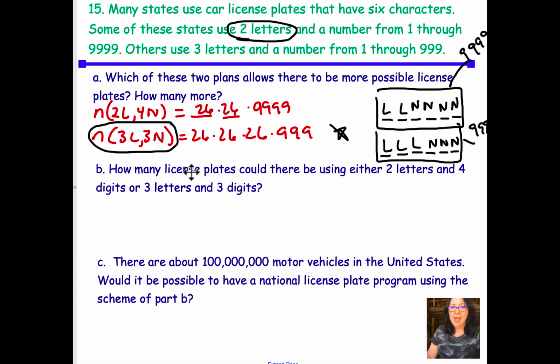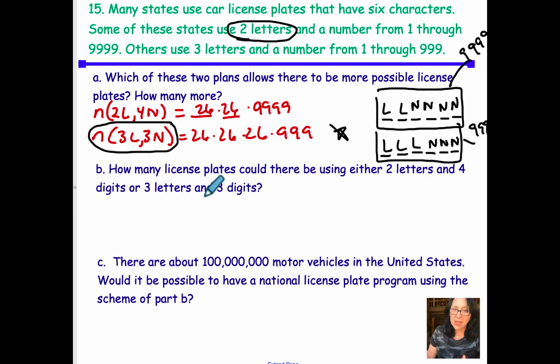Okay. How many license plates could there be using either 2 letters and 4 digits, which is this, or 3 letters and 3 digits? So now they're asking me not to do this and then this.